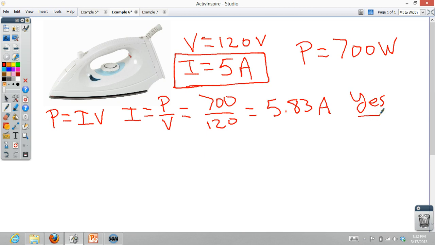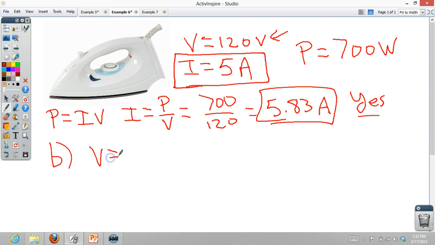For part B, they want us to try to figure out what is the resistance for that iron. So for the iron, we know that the voltage was 120, so we still have that up here. We know that our current is 5.83 amps. So let's go through and see if we can find out what the resistance of the iron is.